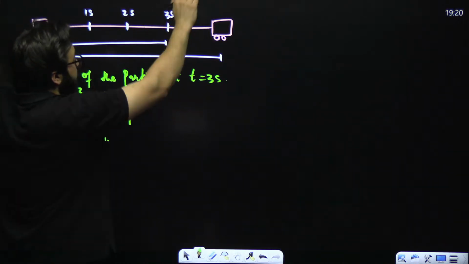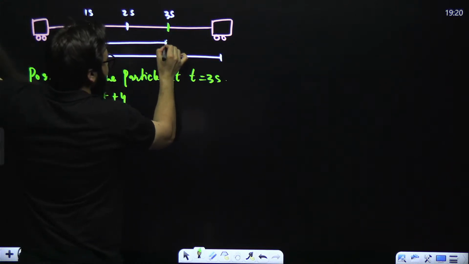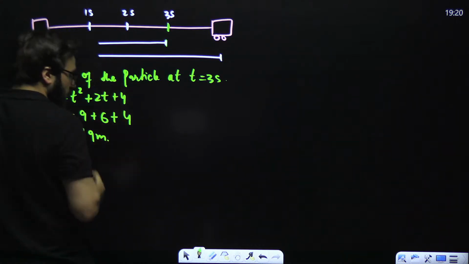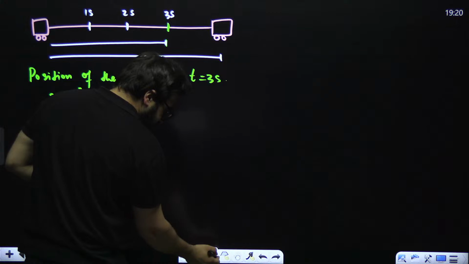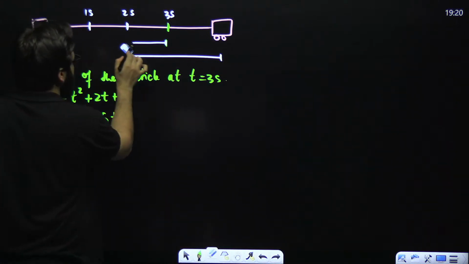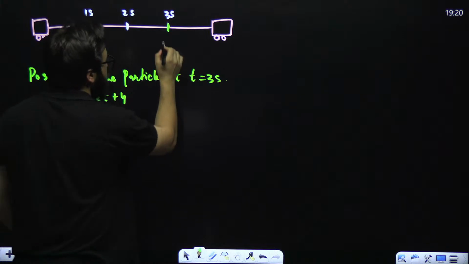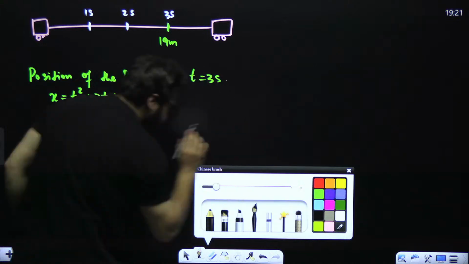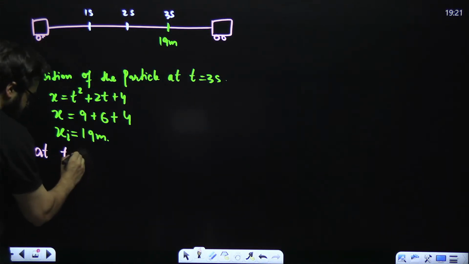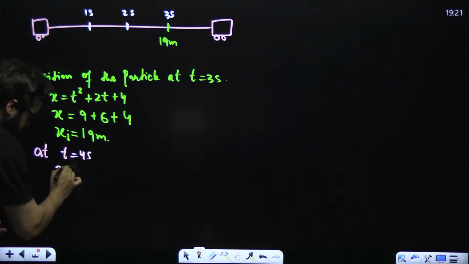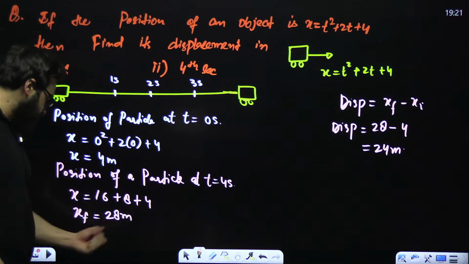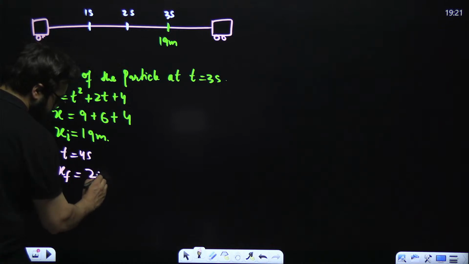So at t equals 3 seconds, the particle is at a position of 19 meters. And we already know that at t equals 4 seconds, x final, which we got in the last one, the position is 28 meters.